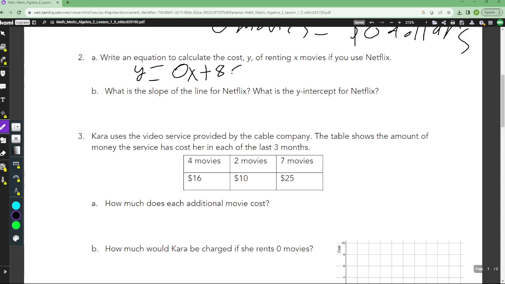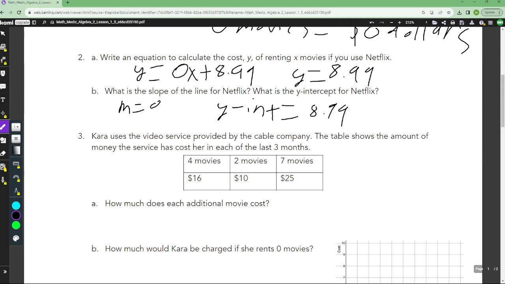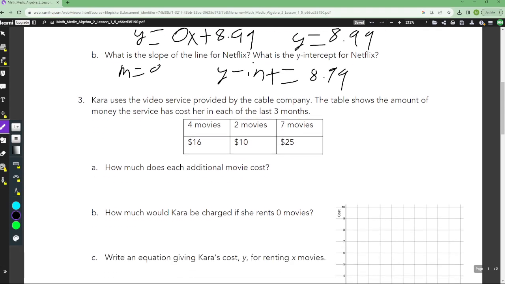So it's a baseline of $8.99. Or we can also write it as y equals 8.99. So the slope is 0, and the y-intercept is $8.99. Again, it does not change on how many movies you rent. It is a baseline amount to pay.